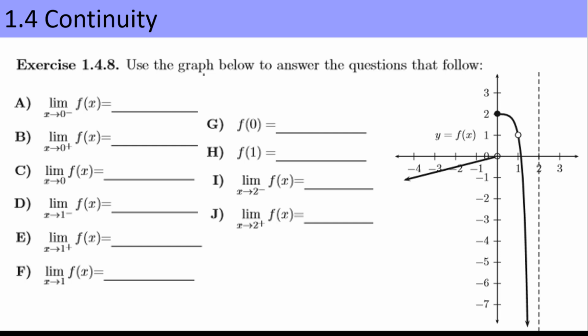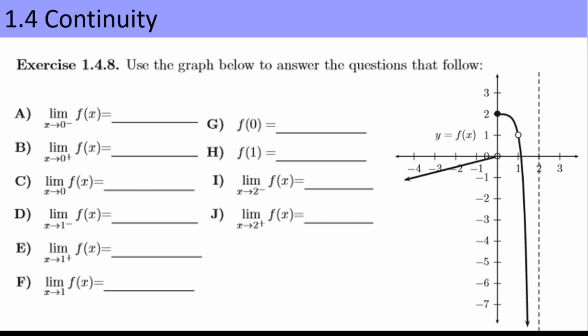The second piece begins on the positive x-axis at 2. It is a curve that decreases, has an open hole at the ordered pair 1, 1, continues to decrease towards negative infinity as it approaches the sketched vertical asymptote.